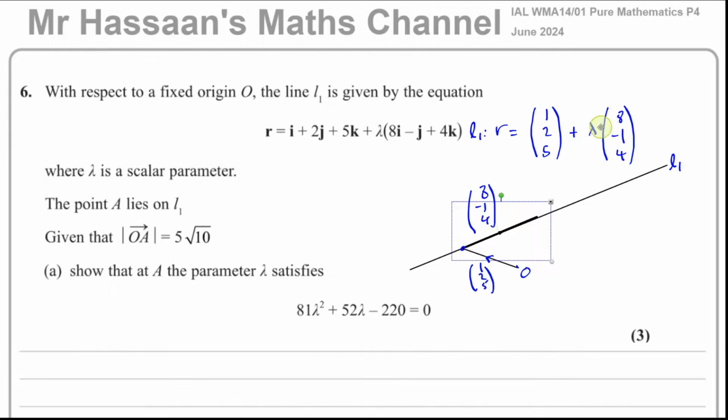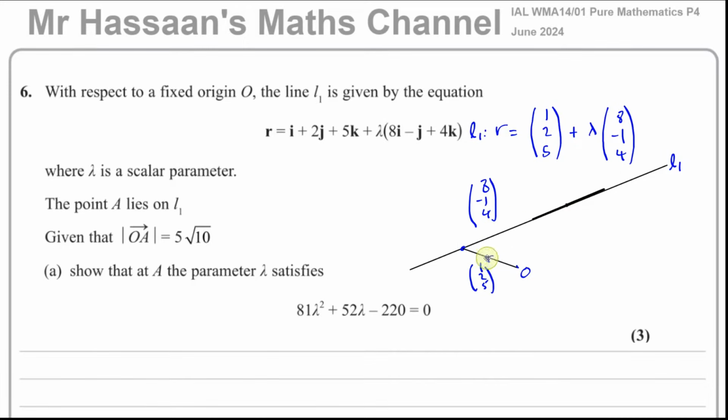When lambda equals 1, you'll be over here: O to this point plus 1 lambda, so this vector here. When lambda equals 2, you'll go from O to this point and then 2 times this vector along.